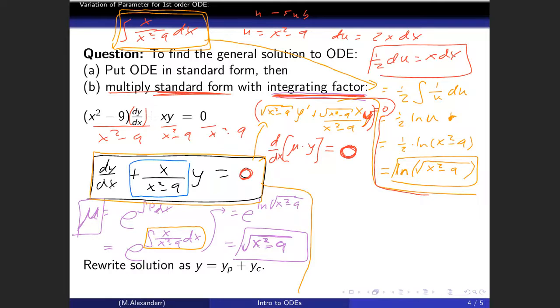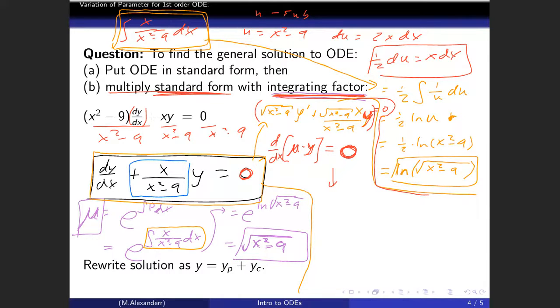But the method of the integrating factor is you put the equation in standard form, you get the integrating factor, and then you multiply the entire equation by the integrating factor, and then the left side becomes the derivative of the two functions being multiplied, which are mu times y. And so let me just write that down here.